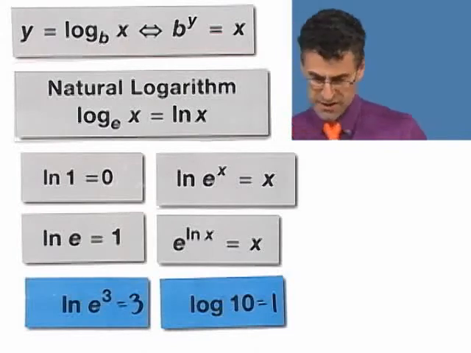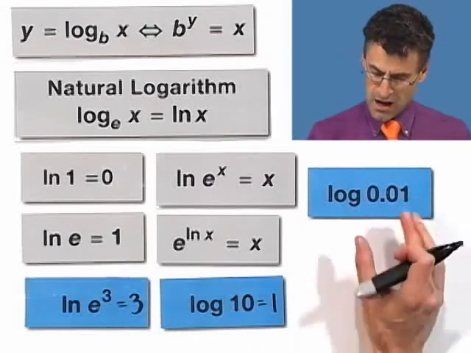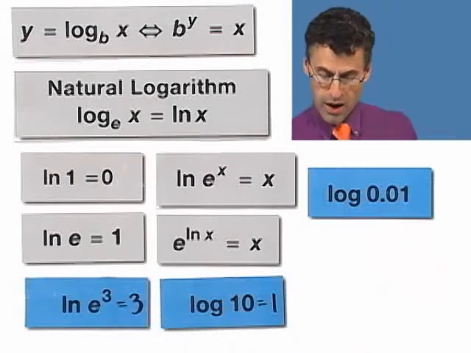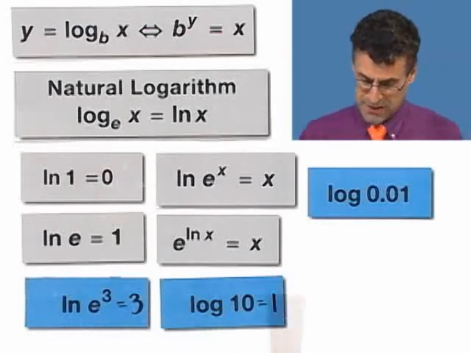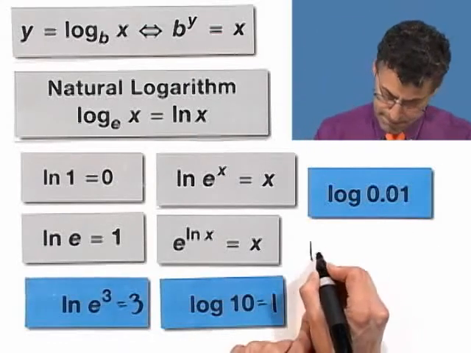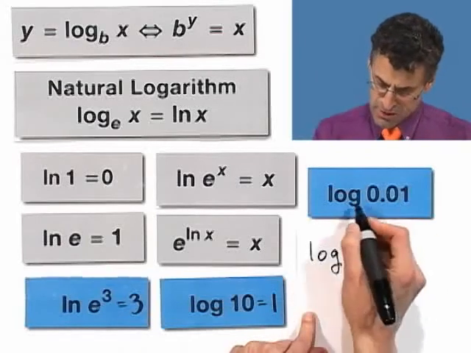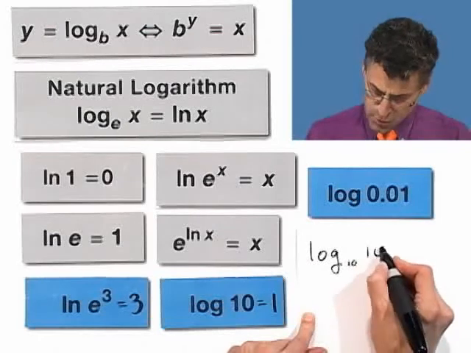How about this one? Now, this one's a little tricky. Log of 0.01. Well, here, the first thing I have to do is do a little calculation, because I don't know what that is. That seems scary. But I know that's actually a power of 10. And remember, log with nothing there means there's an invisible 10 there. And this is 10 to what power?